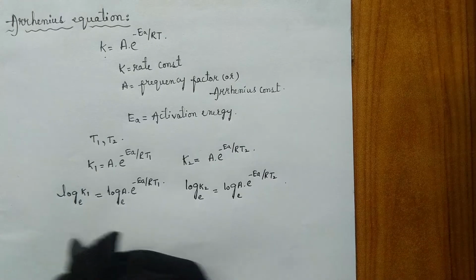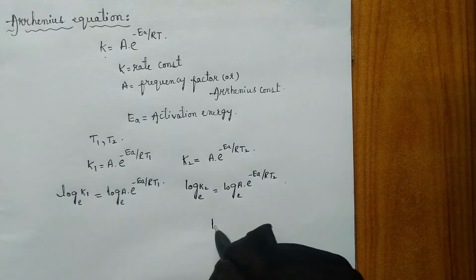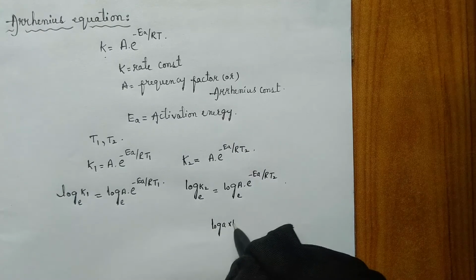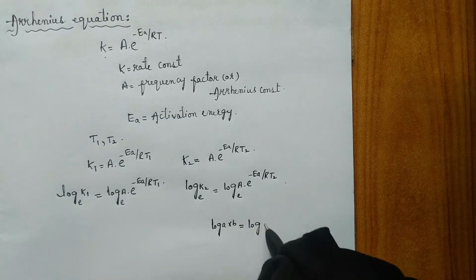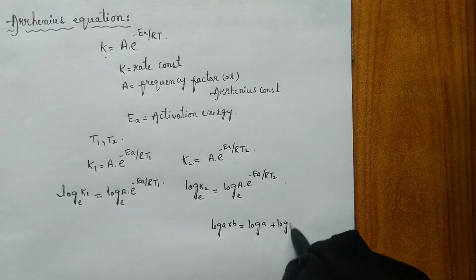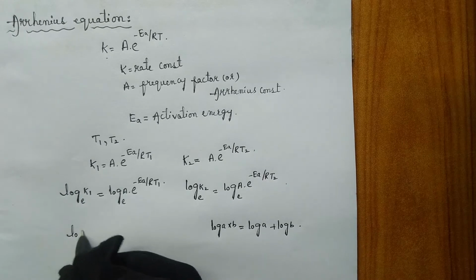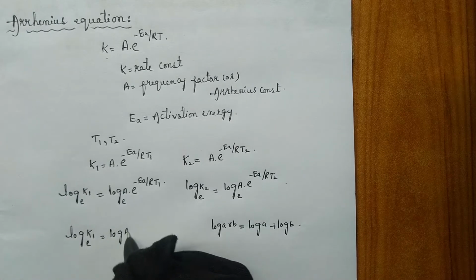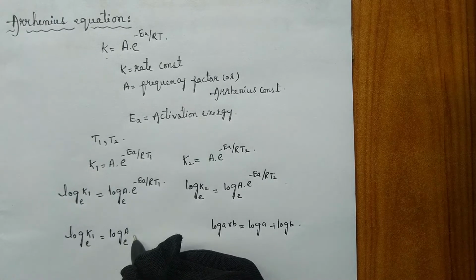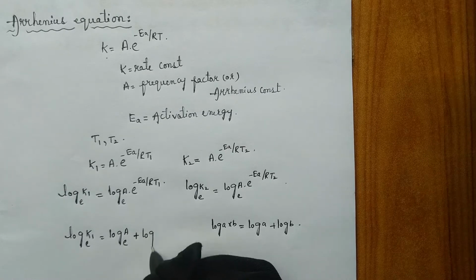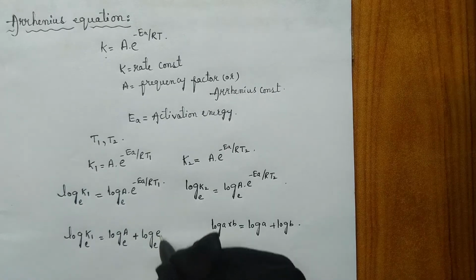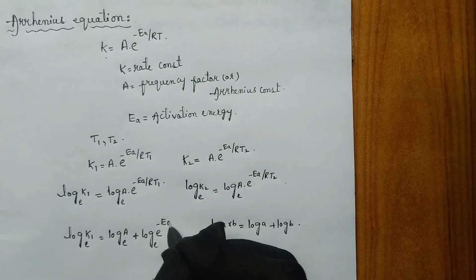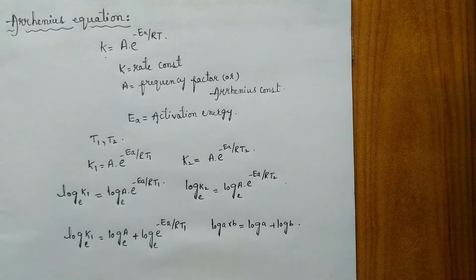Now we know one formula, that log of A into B is equal to log A plus log B, right? So we can write log K1 to the base e is equal to log A to the base e plus log e power minus Ea by R T1, right?